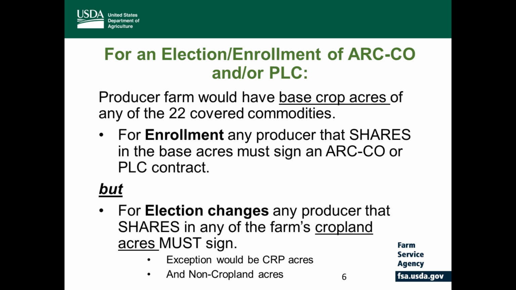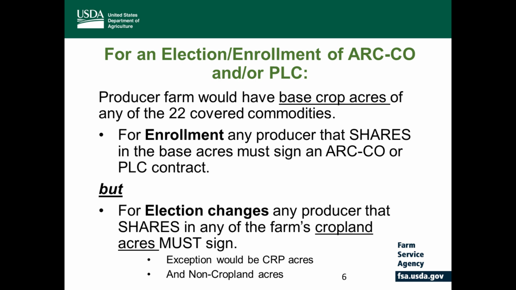So for an election or an enrollment of ARC County or PLC, a producer's farm is going to have base crop acres of any of the 22 covered commodities. So when we are looking at signature requirements for ARC County or PLC, for enrollment, any producer that shares in the base acres will need to sign the ARC County or PLC contract.